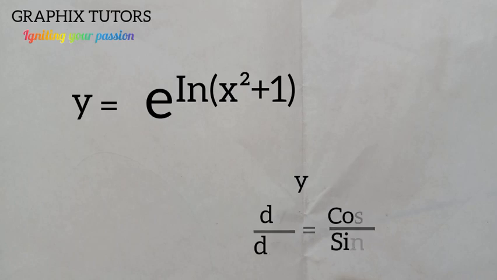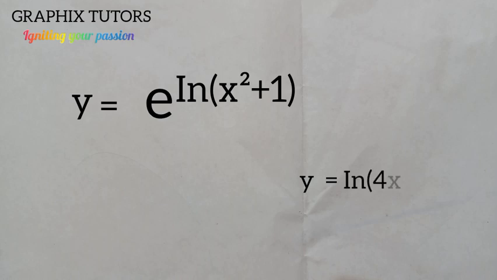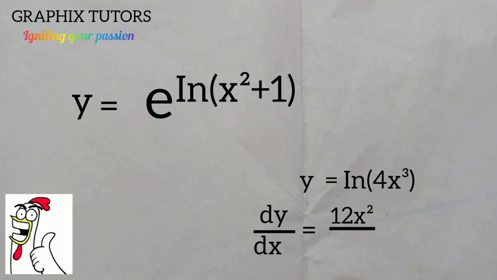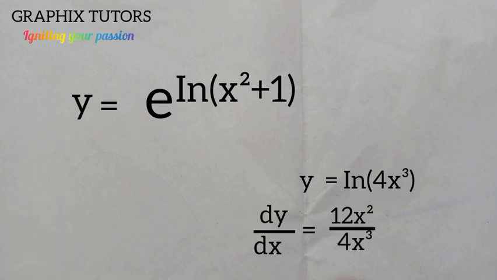The last one, if I have ln(4x cubed), if I differentiate it, I'm going to have 12x squared. Now I divide the 12x squared by what I differentiated, which is 4x cubed. If I go further, I'll have 3 over x as my answer, because 4 goes into 12 three times, and x squared over x cubed leaves just 1 over x. So that will be my answer.